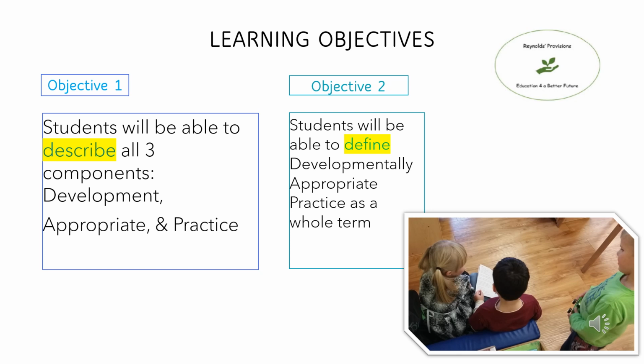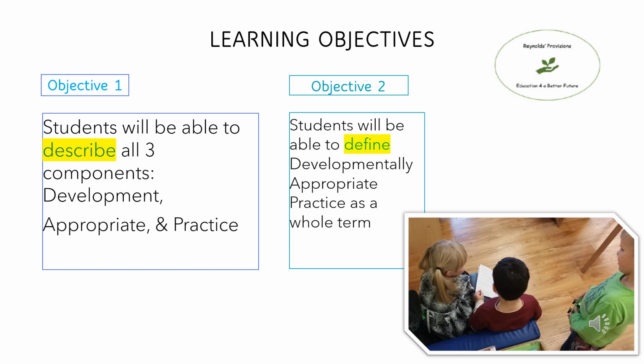So if I were to read this clearly, simply exchange the word student with your name or the word I. For example, the first objective could be read as I will be able to describe all three components: development, appropriate, and practice. With this as an objective, the student, meaning you of course, should expect this training to include material describing all three components: development, appropriate, and practice.